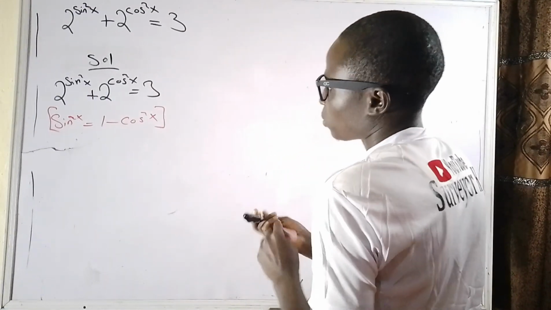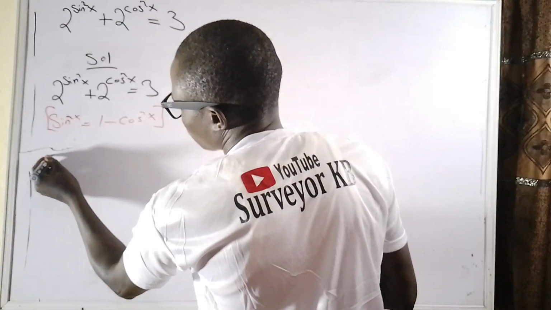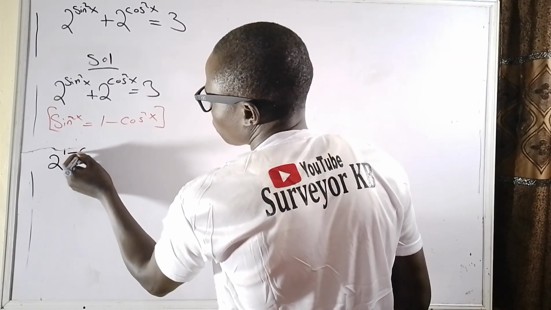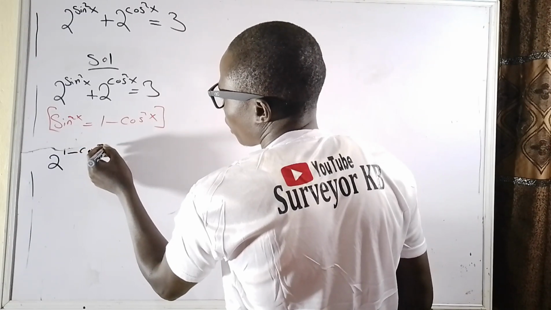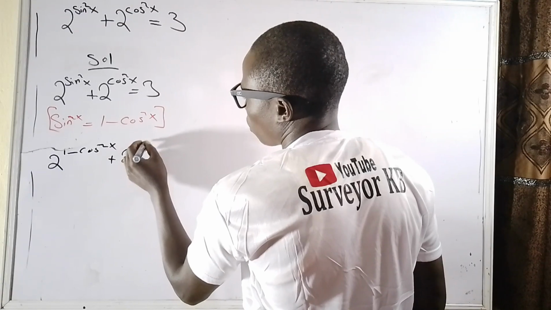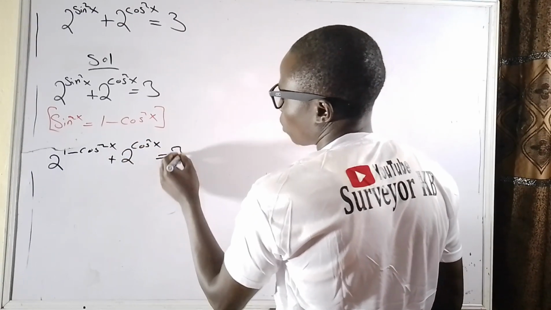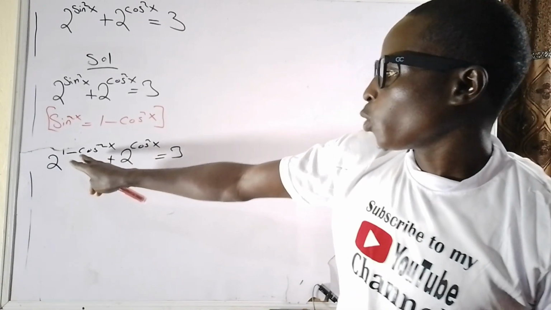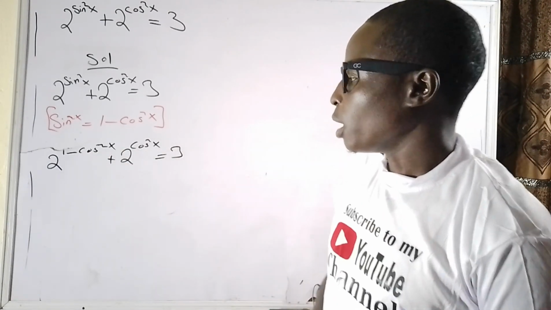So this is the same thing as 2 raised power, instead of sine square x, I can put 1 minus cos square x, plus 2 raised power cos square x is equal to 3. We can see now we have cos square x and cos square x are the same.